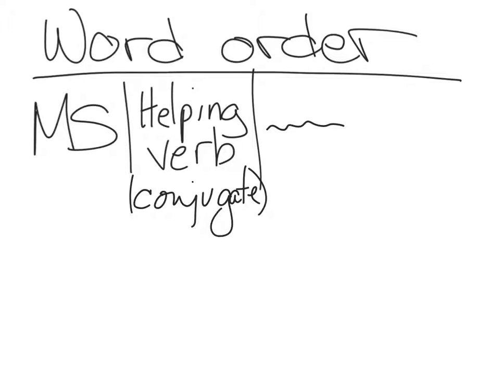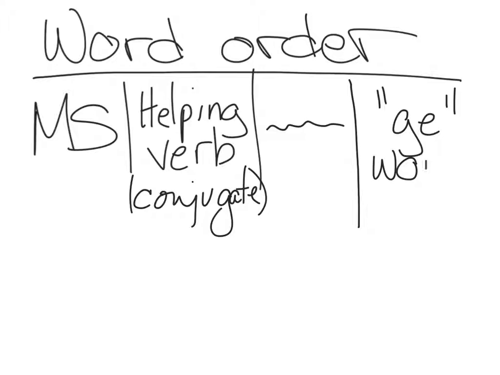So it might be the word like soccer or today or with friends or whatever. And just like when you're using modal verbs and that other one gets kicked to the end, your GE word gets kicked to the end. So at the very end, you put your GE word. And remember, that one never, ever changes. Never, ever.